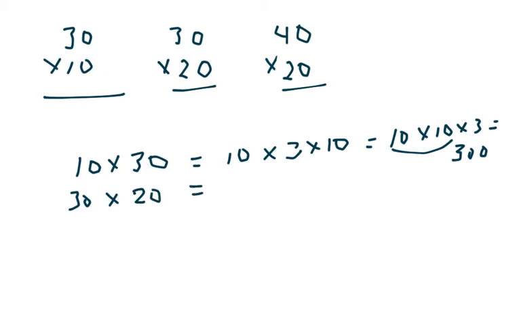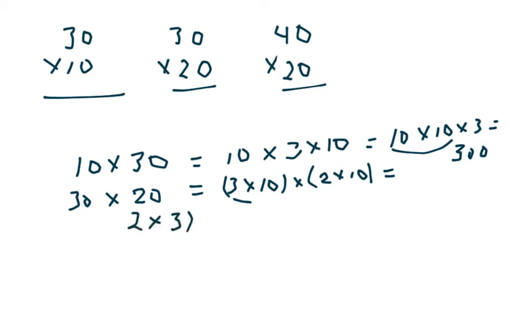Well, then we look at the next one, 30 times 20. Okay, that would be 3 times 10, 30, times 2 times 10. Okay, so we can commute these, reassociate them, that is, and we would get, because you can use the commutative property and the associative property, 2 times 3 times 10 times 10.